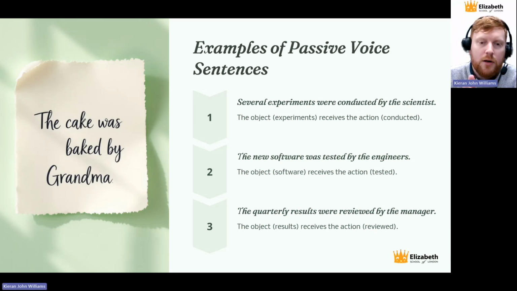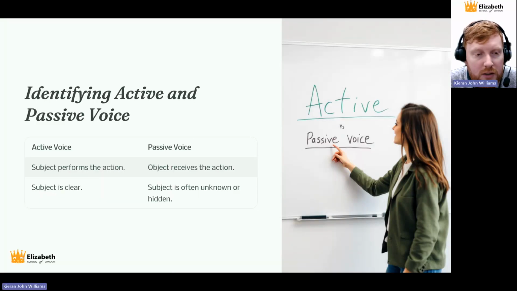Okay, so now we know what the active voice is and why we should use it. Now we know what the passive voice is and how we should use it. Now let's think again about the differences between them. Okay, so the active voice, remember, is subject, verb, object. So in that situation, we know the subject and we know that the subject performs the action.